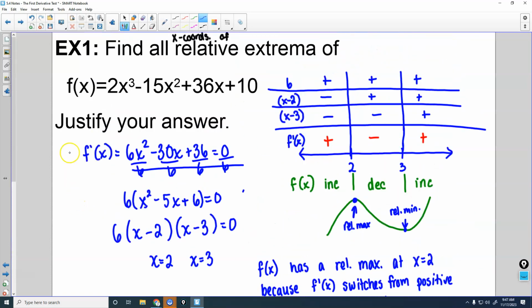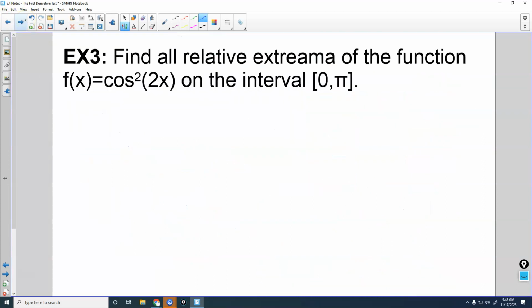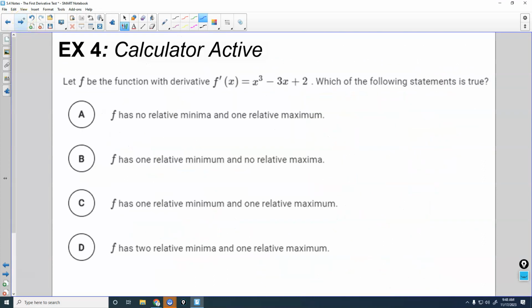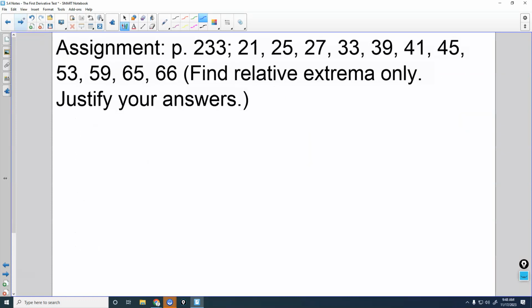So I'm going to have you guys do just a couple problems on this because we did not do many of these, and we're going to practice more. So let me look at the book here. Let's do page 233.